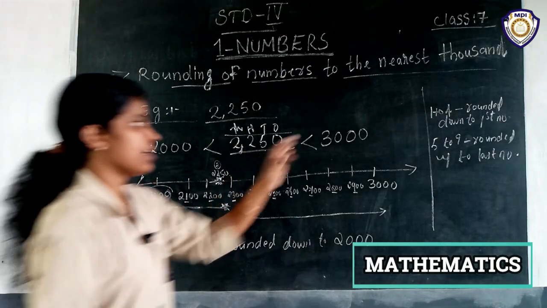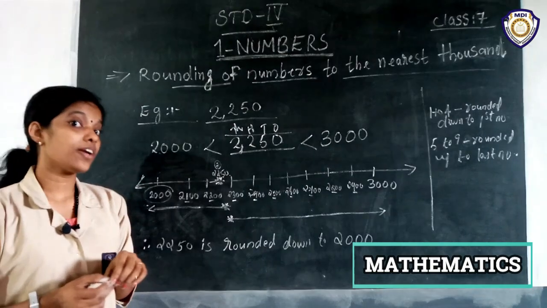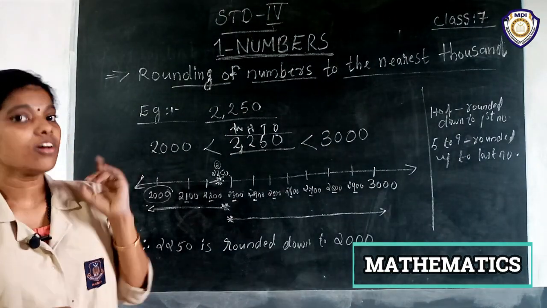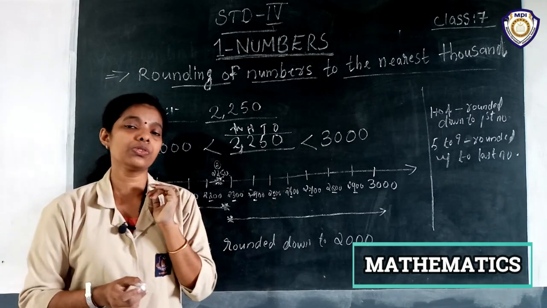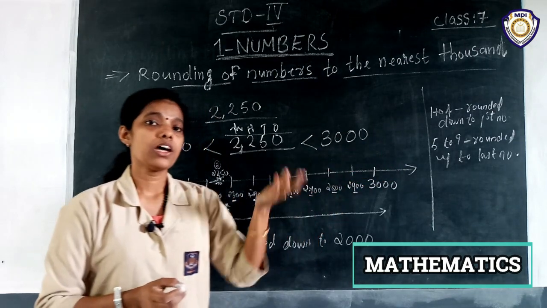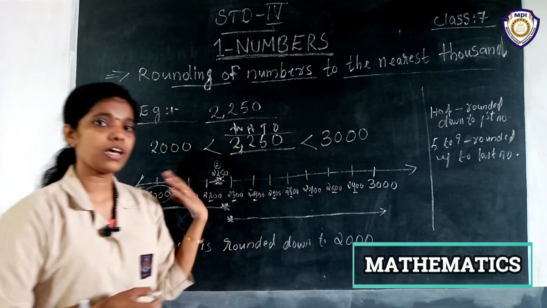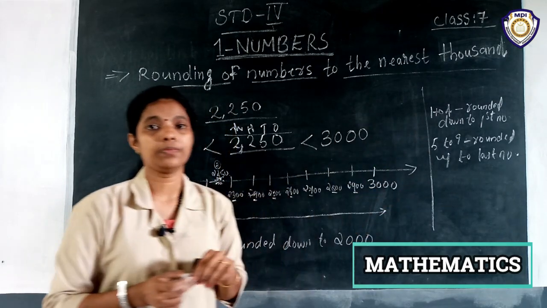Our condition: 1 to 4 numbers are rounded down to the first number. 5 to 9 numbers are rounded up to the last number.